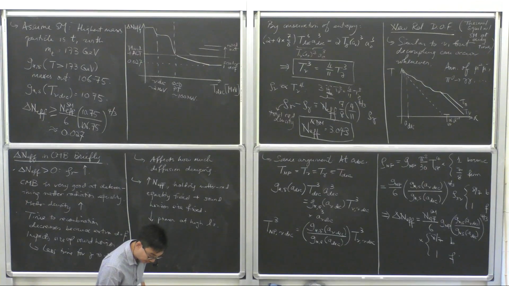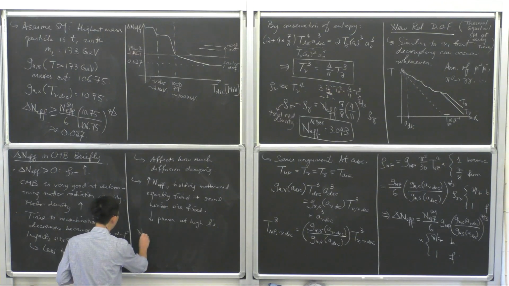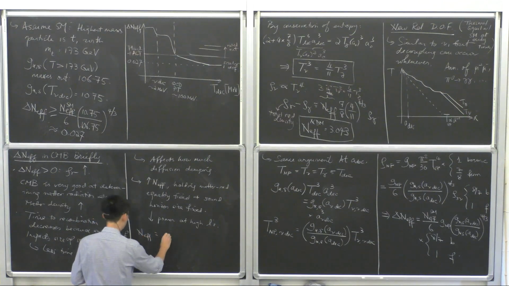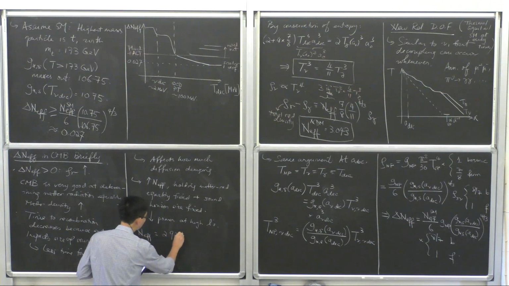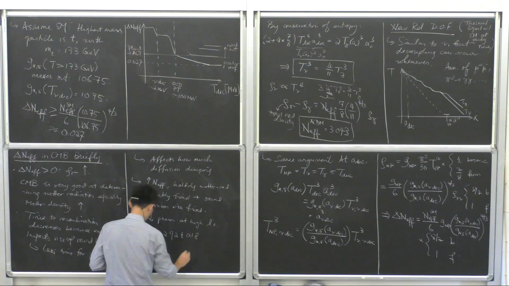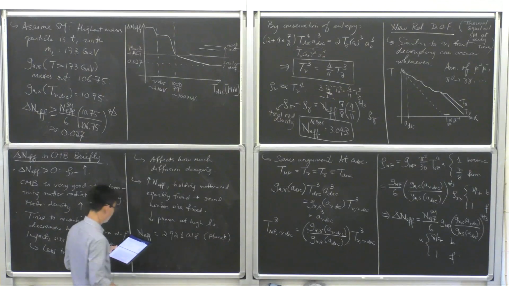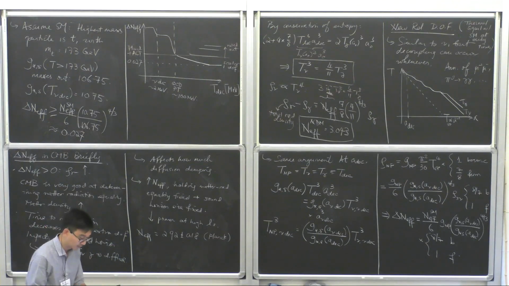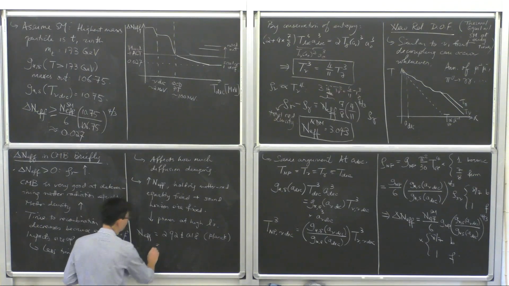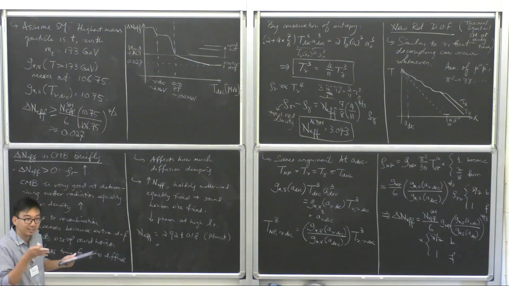And so if I write down what the current determination is for N effective for CMB, it looks something like N effective is equal to 2.92 plus minus 0.18. This is Planck. But it's kind of funny that across the experiments, the N effective value is a little bit scattered around.